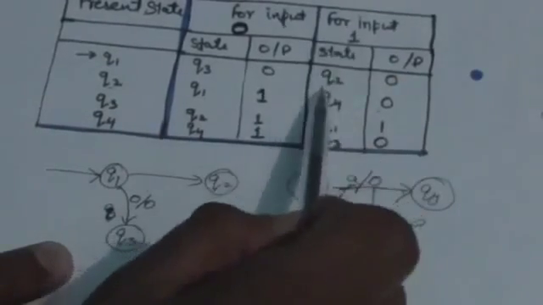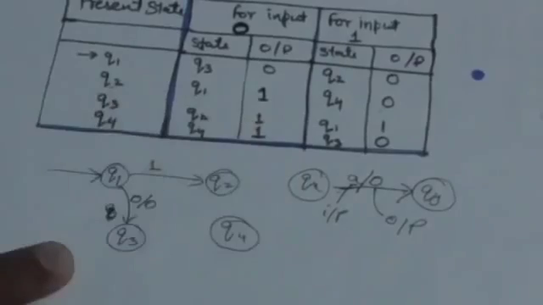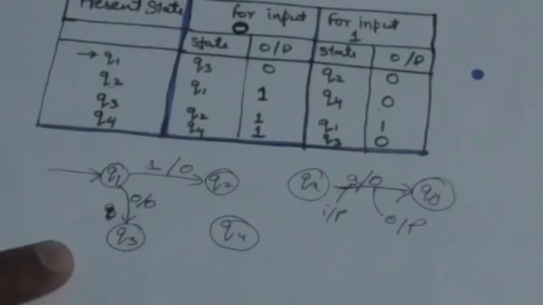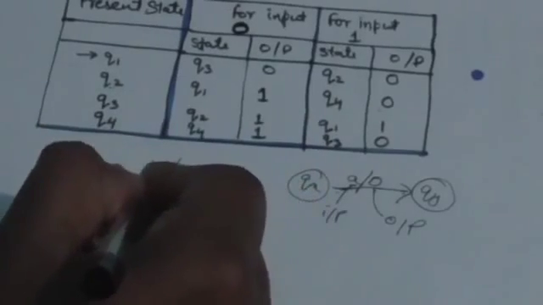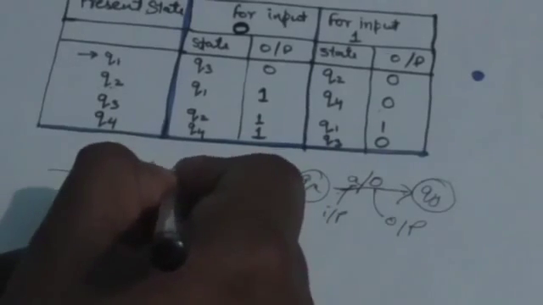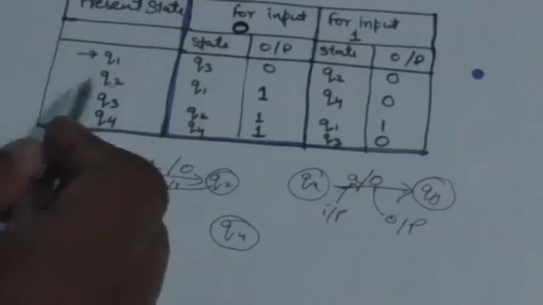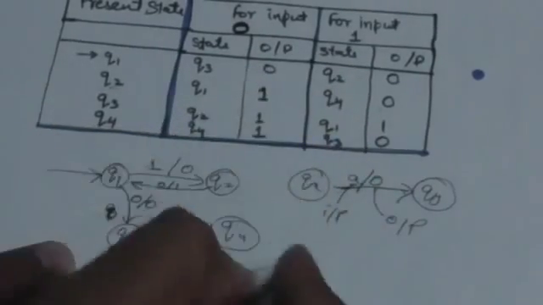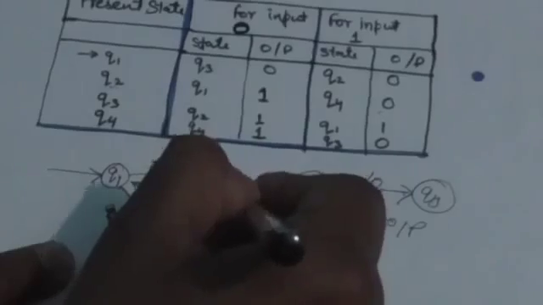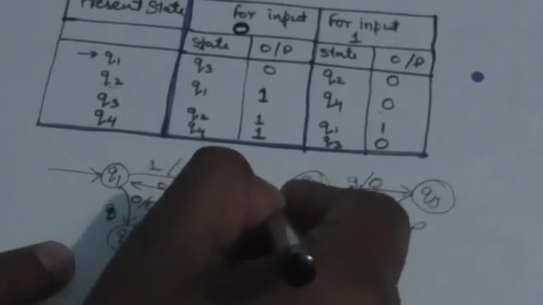When it reads 1, it will jump to Q2 and output will be 0. So first write input symbol 1, then slash and then output symbol. So when it is in Q2, it reads 0, it will jump to Q1 and gives output 1. When its present state is Q2 and it reads 1, it will jump to Q4 and its output will be 0.